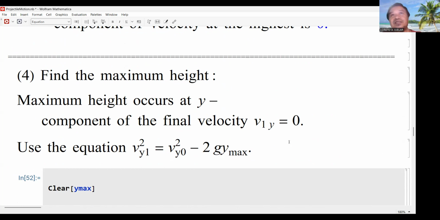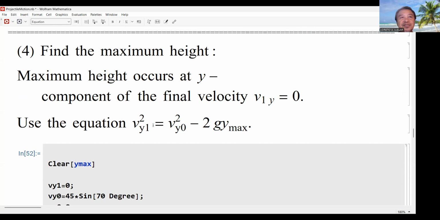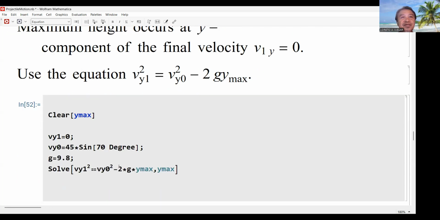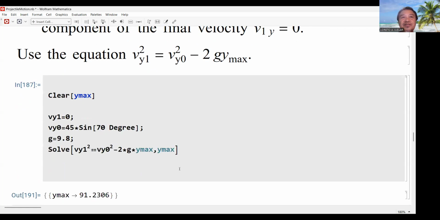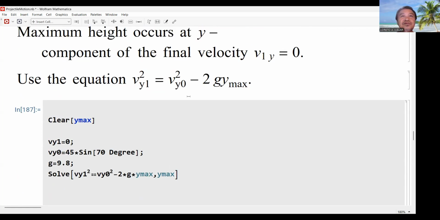That is where the maximum height is. So we have to use this equation. Okay, so this is our program for the equation.